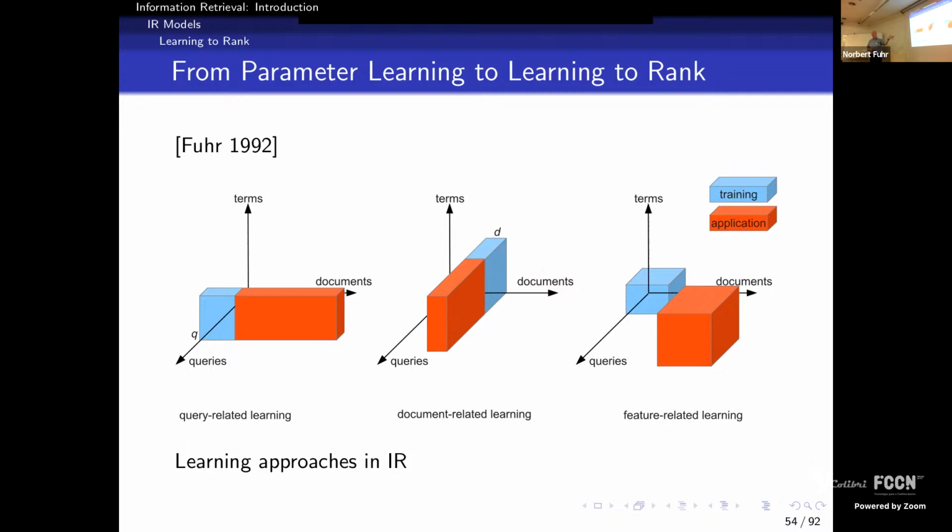First, train on some documents, learn the parameters, then apply them. Then historically, there also was Maron and Kuhn's model.